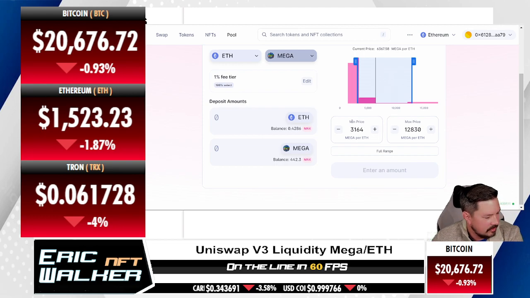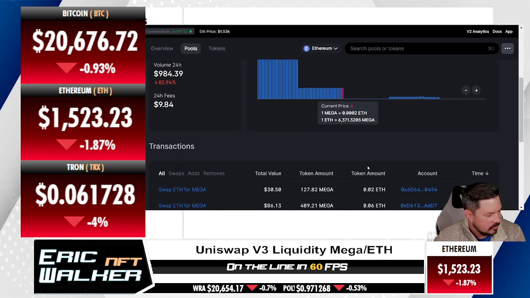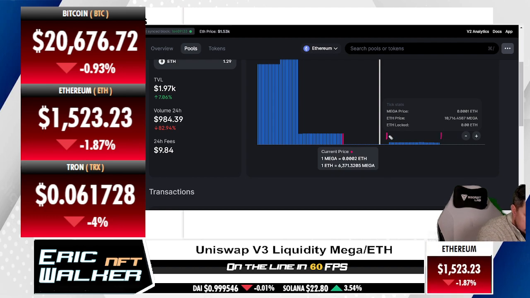All right, so what it's saying here is this is the range that you're trying to provide. So again, if we go back to the liquidity, somebody right here has provided a range from this price to this price. And what have they locked? So remember, this is our Mega side, and these guys locked ETH.